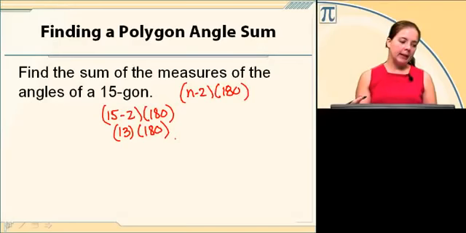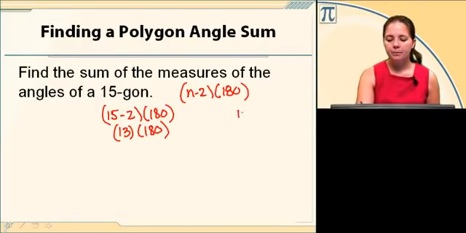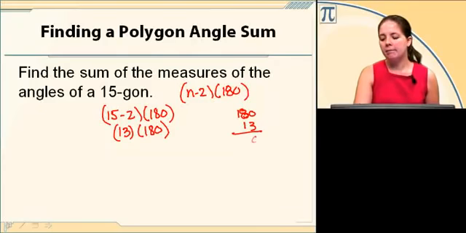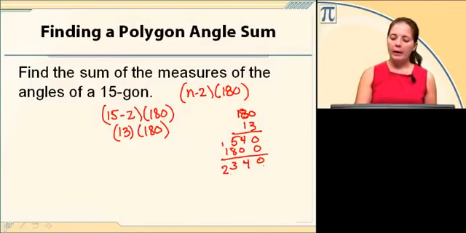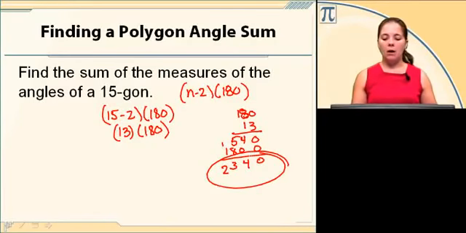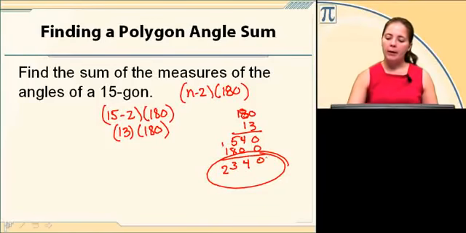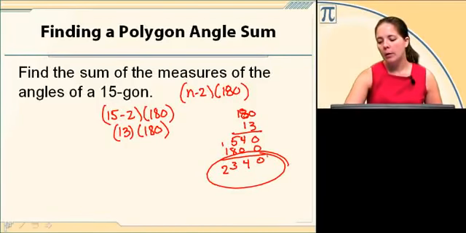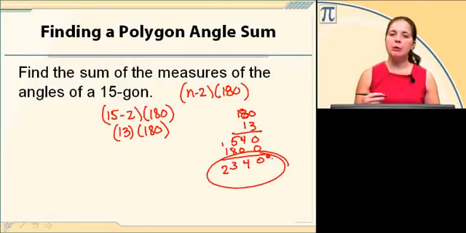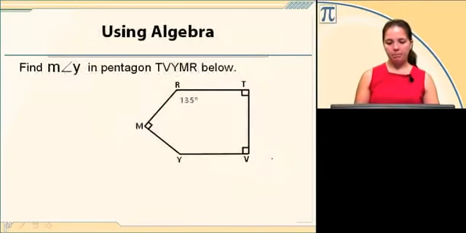And if we take 13 times 180, I get 2,340. And so the sum of the interior angles of a 15-gon is 2,340. And if I want to put a label on that, I can say 2,340 degrees.